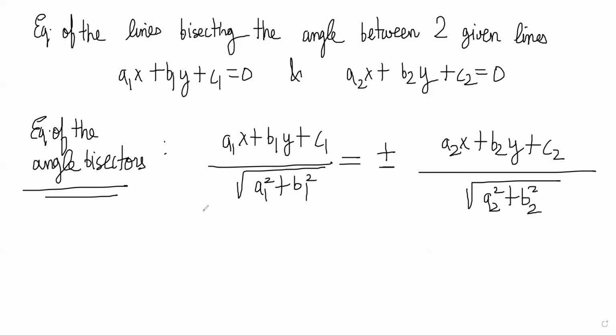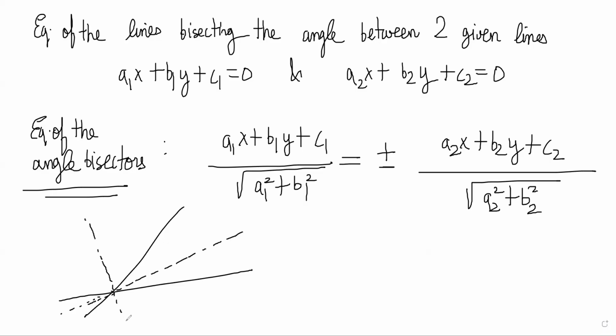Now, why is this happening? Why is the equation of the bisector being given by this equation? First of all, why are there two equations? We'll get two equations here because there is a plus and minus, right? In the plus case, you get one bisector. In the minus case, you get another. Why are there two bisectors? Because whenever you are given two lines, you can bisect the acute angle between them or you can bisect the obtuse angle between them.